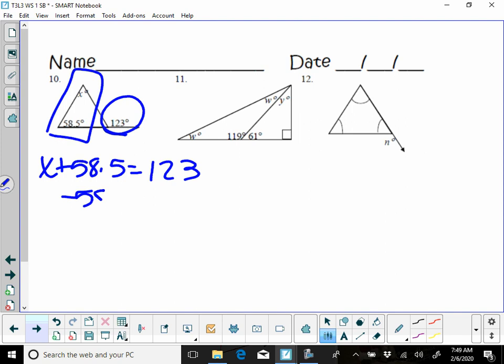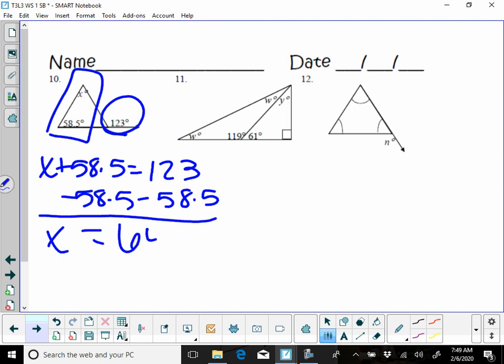You're going to subtract the 58.5, and that would give you your x value, which will be 64.5. Y right here will be very easy to find because of the 180 degrees in this triangle over here. So 180 minus 61 minus 90.